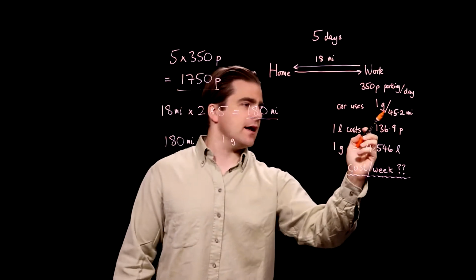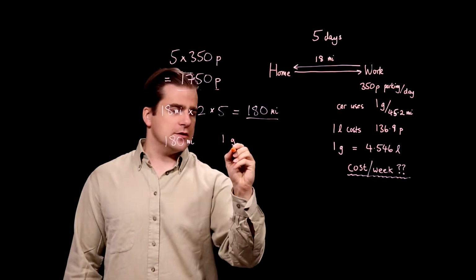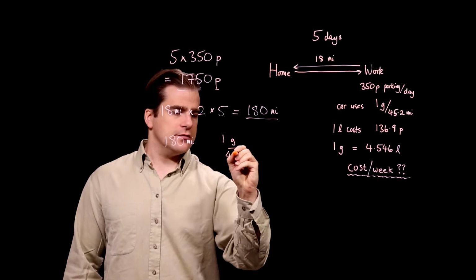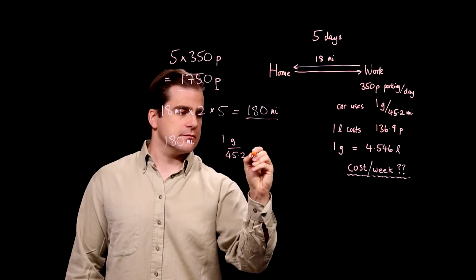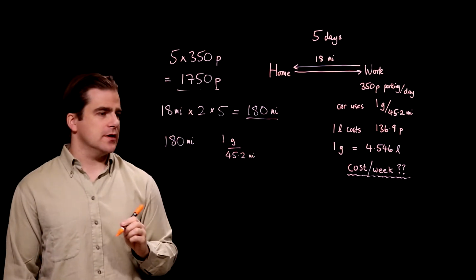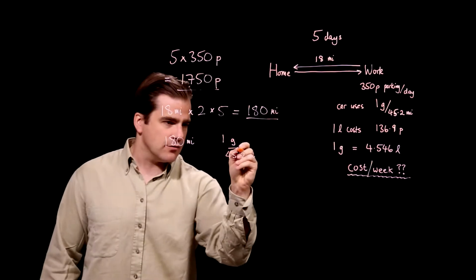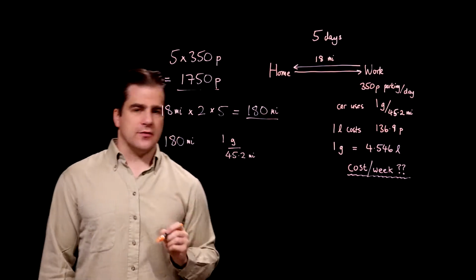In other words, 1 gallon per 45.2 miles. Per means divide. Write it like this, not diagonally, but horizontally. 1 gallon divided by 45.2 miles.